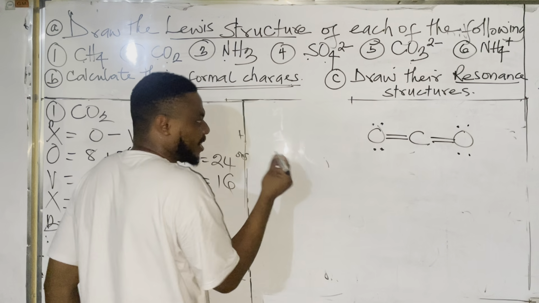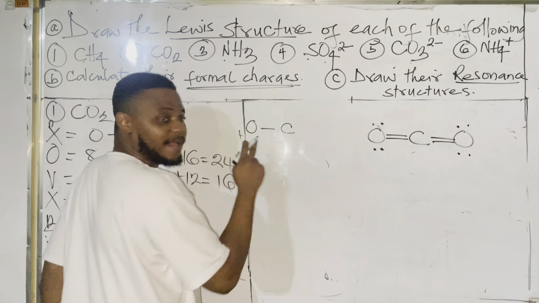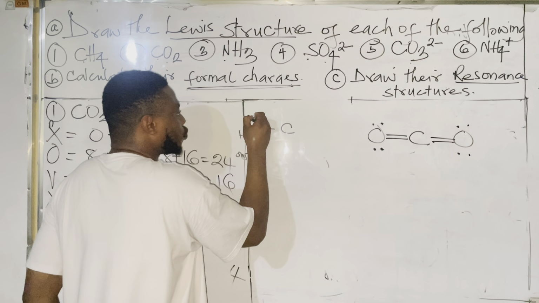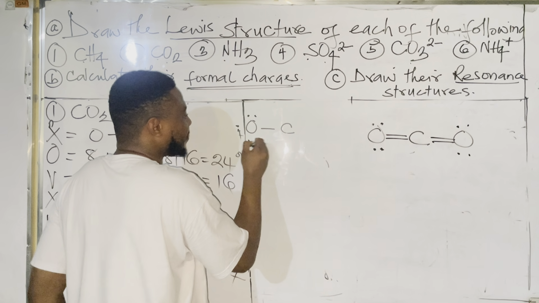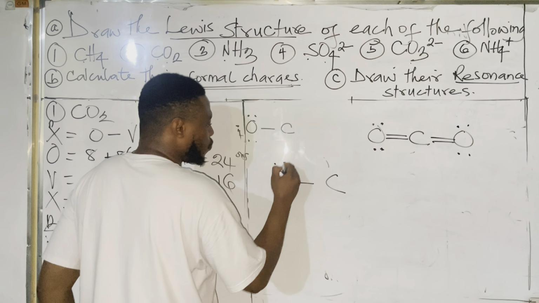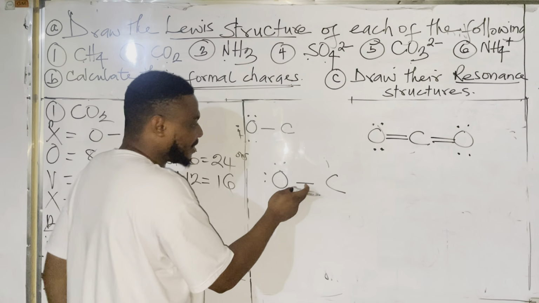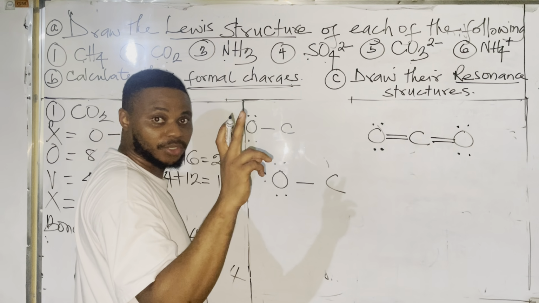Now, let me explain something. Let's just imagine that carbon had just a single bond to oxygen. Now, this oxygen would be 2, 4, and 6. Let me write it here. Oxygen. This will be 2, 4, and 6. The reason is because we have 1 bond, and this 1 bond has 2 electrons.